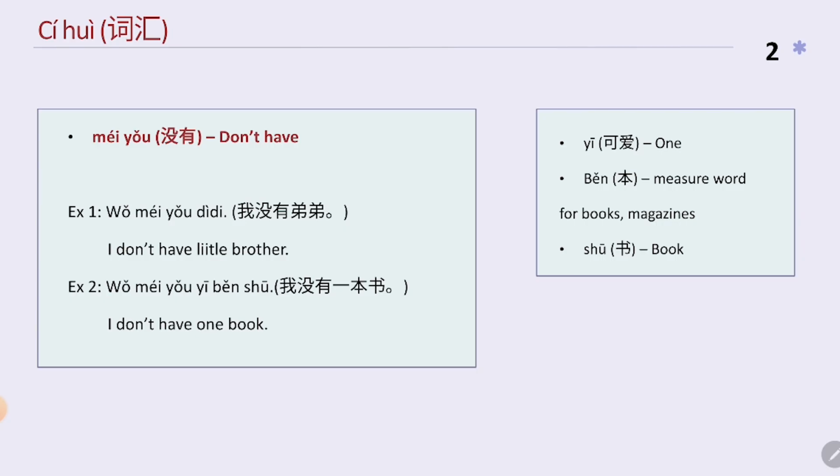Number 2, 没有. This is the opposite word of 有. Look at example number 1. 我没有弟弟。我 means I. 没有 means don't have. 弟弟 here means little brother. So that means I don't have a little brother.